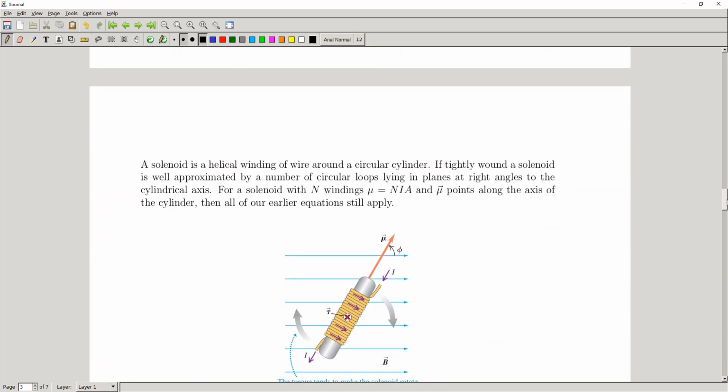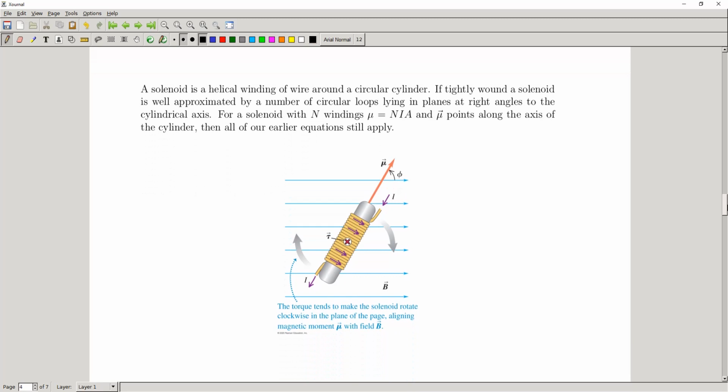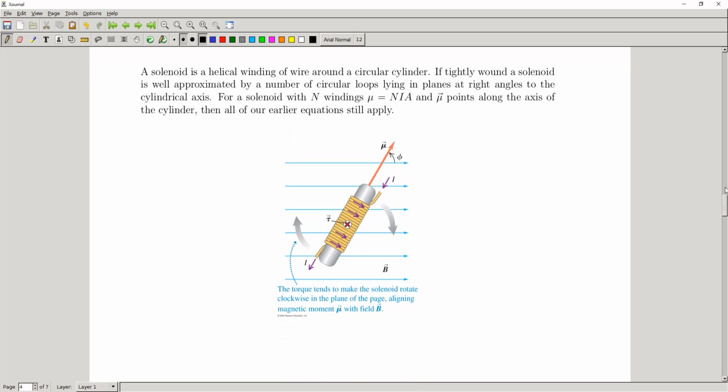And so one example of a situation where you have a bunch of these planar loops all stacked on top of each other is a solenoid, right? A solenoid is really a helical winding of wire around a central cylindrical shape.